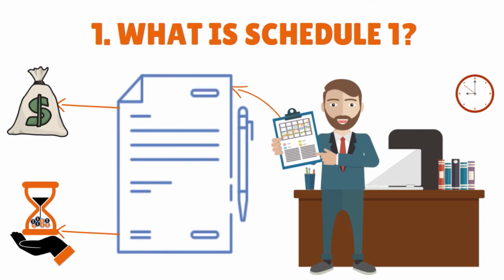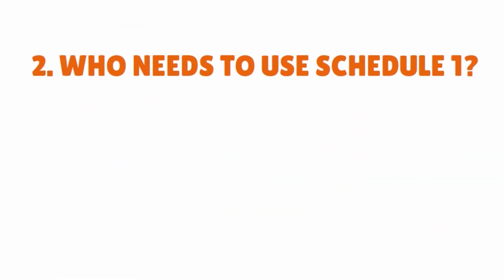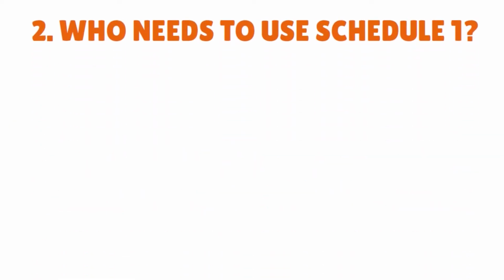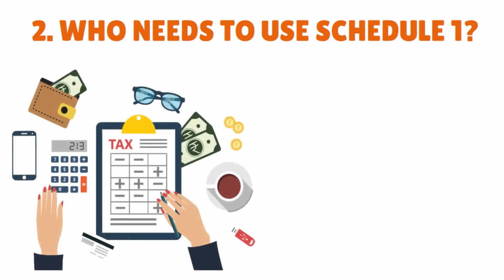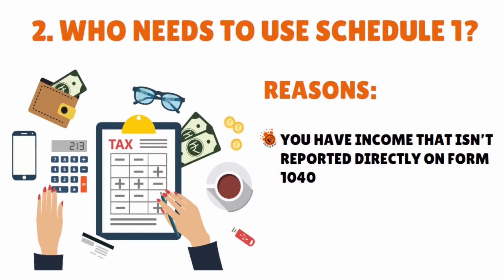Speaking about alimony payments, let's talk in general about who needs to use Schedule 1. Schedule 1 is not necessary, and I repeat, it is not necessary for all tax filers. But the cool thing is that many people will need it. There are two reasons why you might use Schedule 1. Option 1, you have income that is not reported directly on Form 1040.